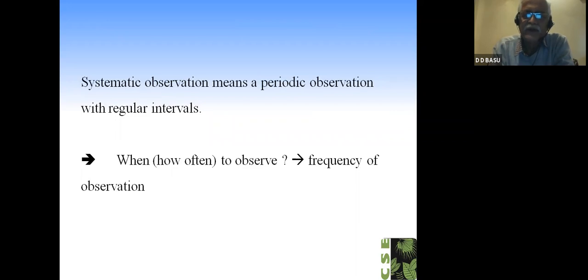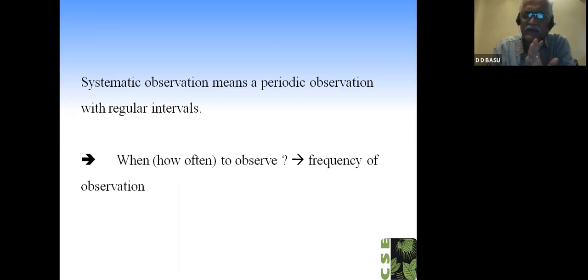Systematic observation means periodic observation at regular intervals. How often to observe, the frequency of observations: once in a month, once in a week. If the variation of the river is very high, that means the data is spread out, then your frequency will increase.